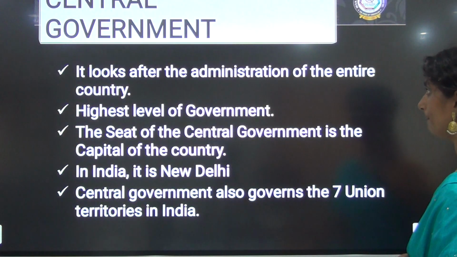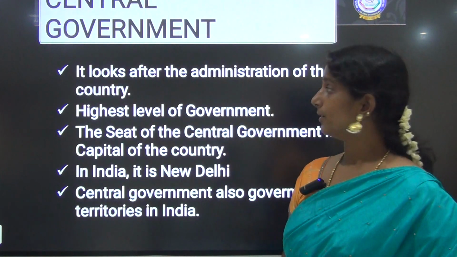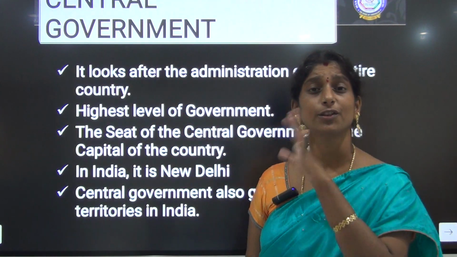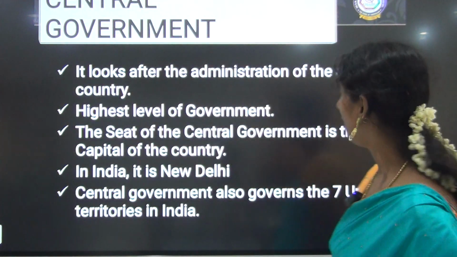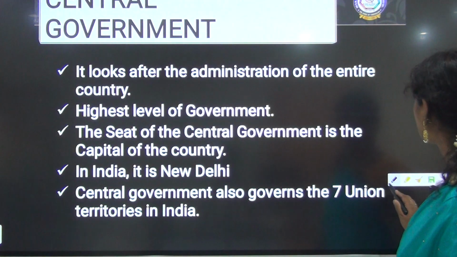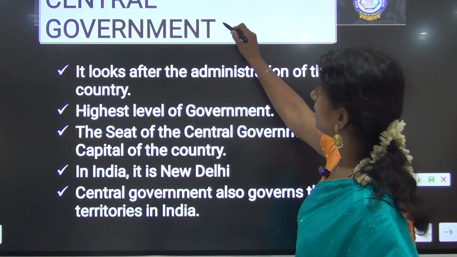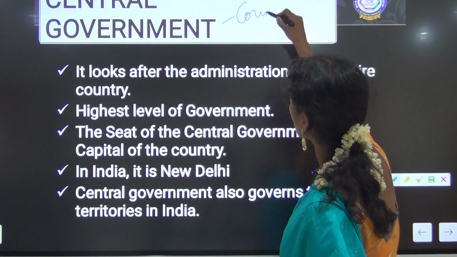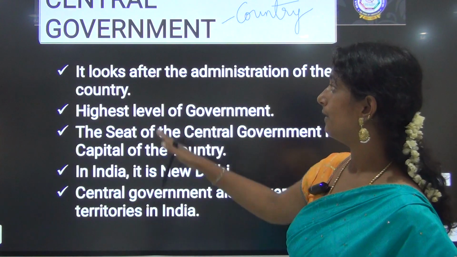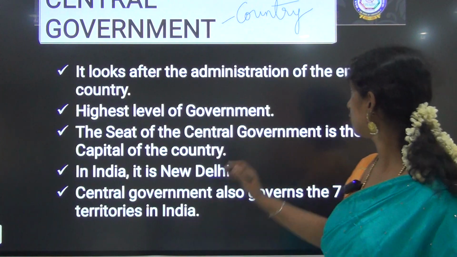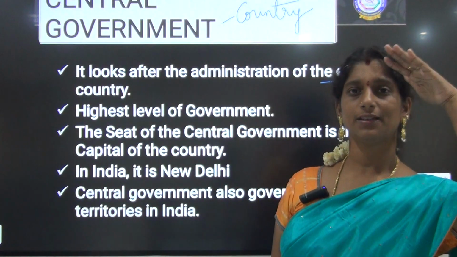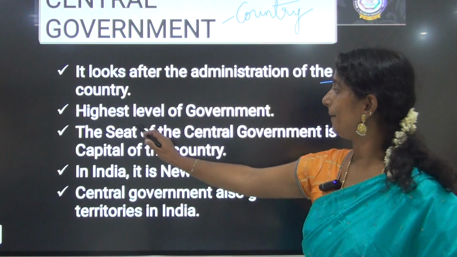So central government is responsible for the country on the whole. Simple. Okay, so it looks after the administration. Okay, so this is for country. So it looks after the administration of the entire country. This is the highest level of government.